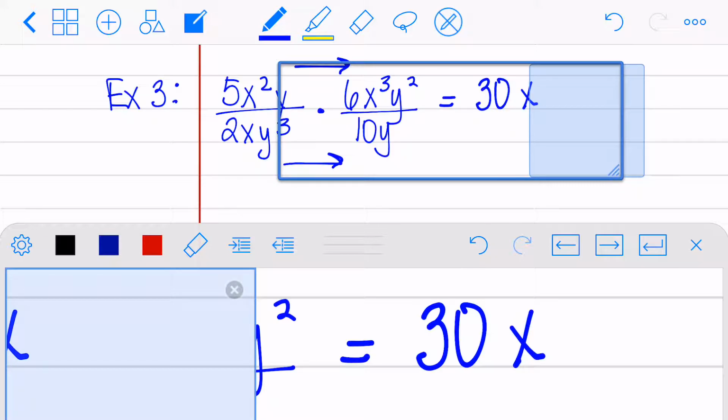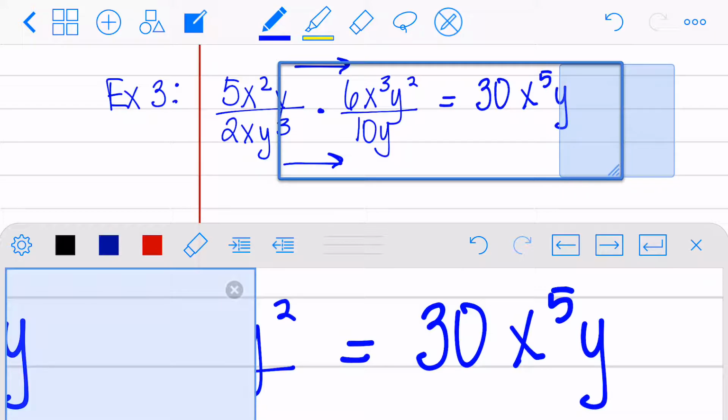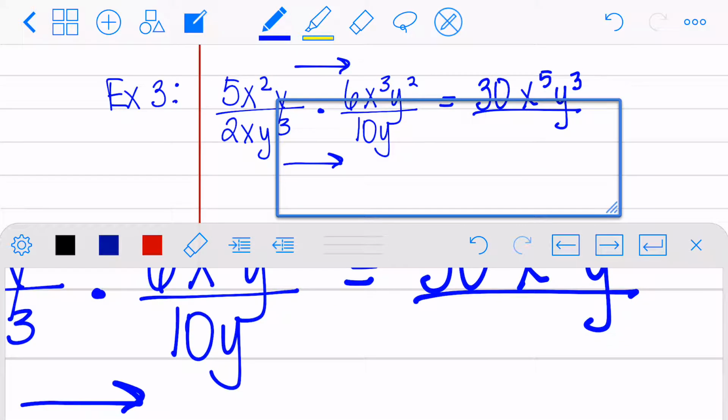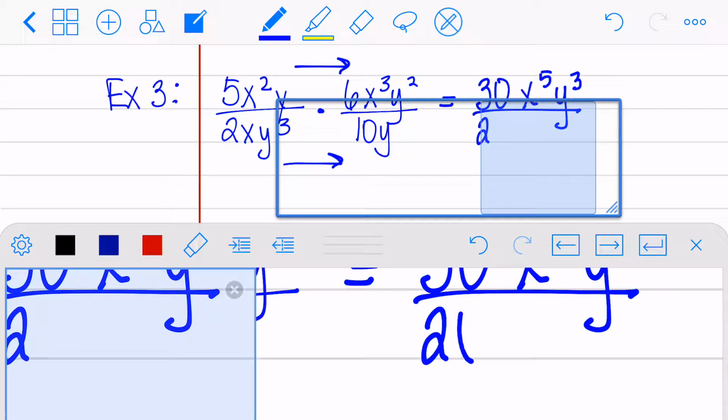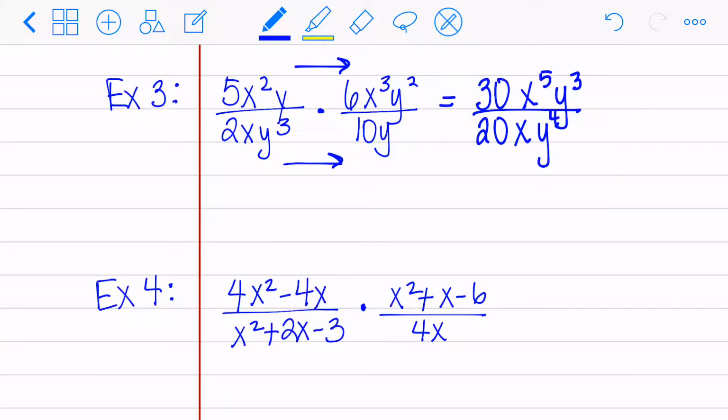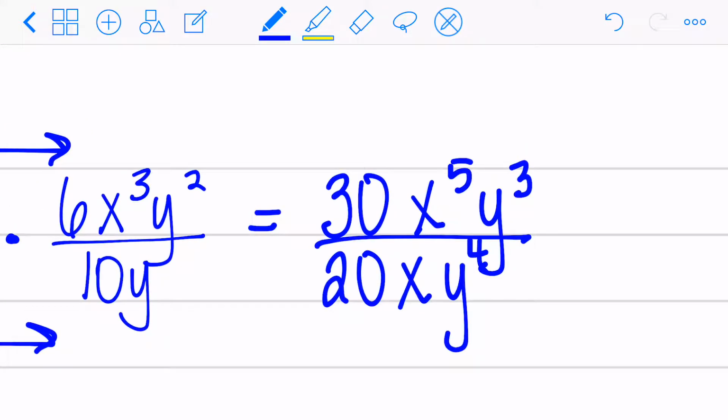Remember, these you add the exponents, so you get x to the fifth, and then y to the first times y to the squared, you get y to the third, all over 20x, and then y to the fourth. Did everybody see that? And now you can simplify from here.